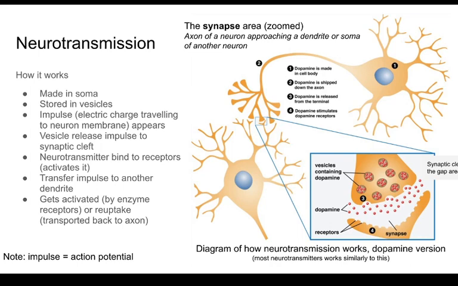So this would transfer the impulse that was brought in from the original neuron to the next neuron through the synaptic cleft, and it's going to send that signal, and the neurotransmitter is going to be activated. Otherwise, if it doesn't get activated, or if it's done with its job, it would get transported back to the axon, or it would experience a reuptake.